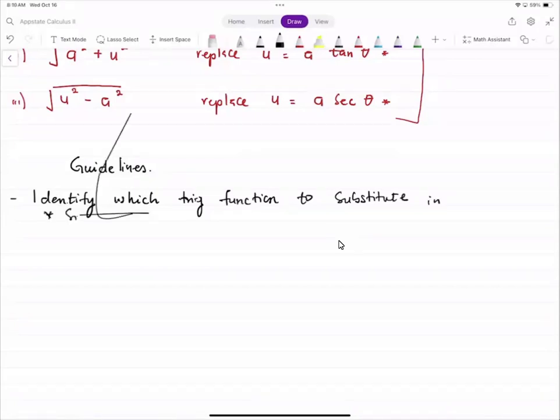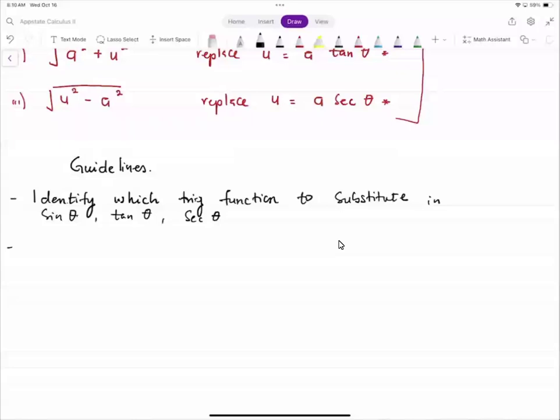Are you going to use sine theta, tan theta, or sec theta?